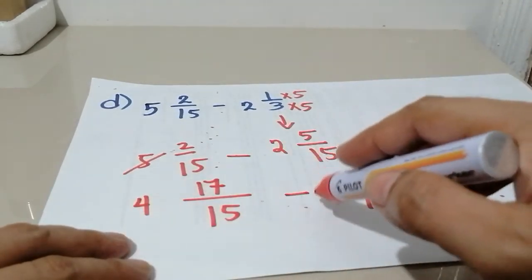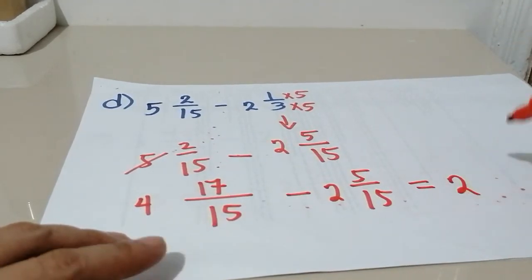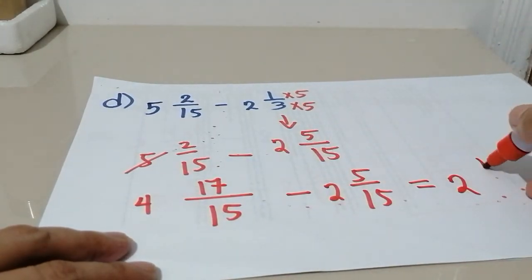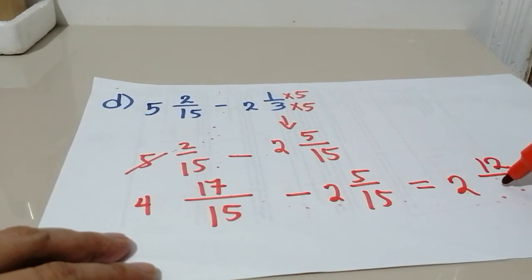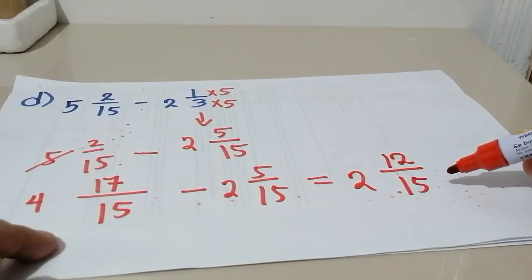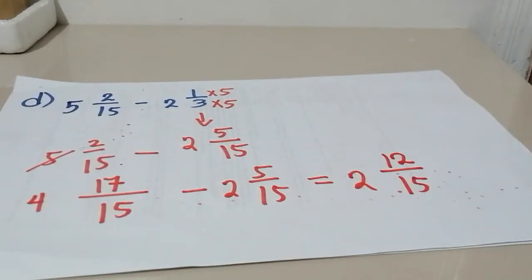So, 4 minus 2 is 2. 17 minus 5 is 12 over 15. Okay? 12 over 15 here is not in simplest form. So, kailangan na naman natin siyang isimplify.